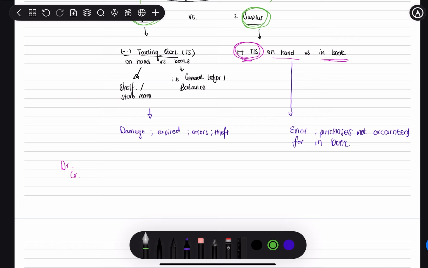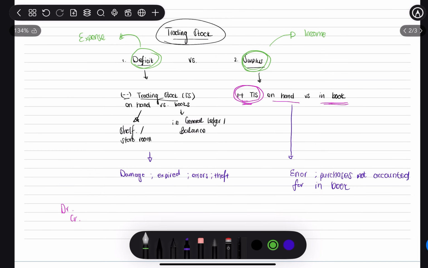We are accounting for trading stock that we hadn't accounted for yet. Versus here, in a deficit, we are reducing trading stock because either it got stolen, so it's non-existent, it's gone. There is less trading stock than what we thought.